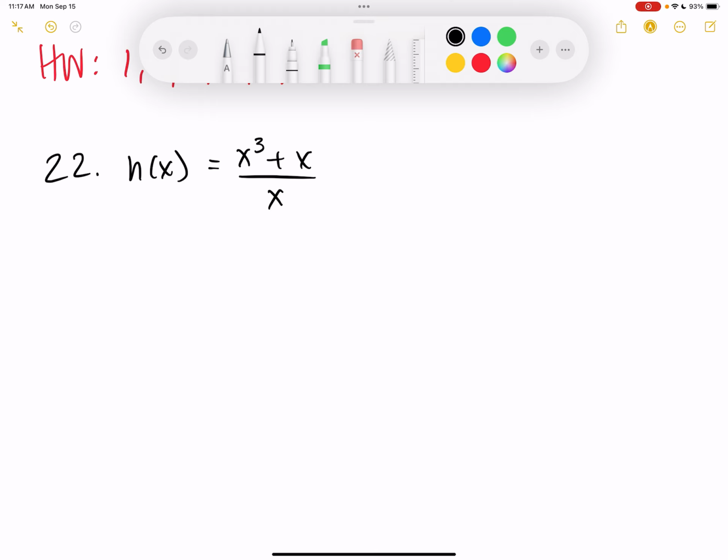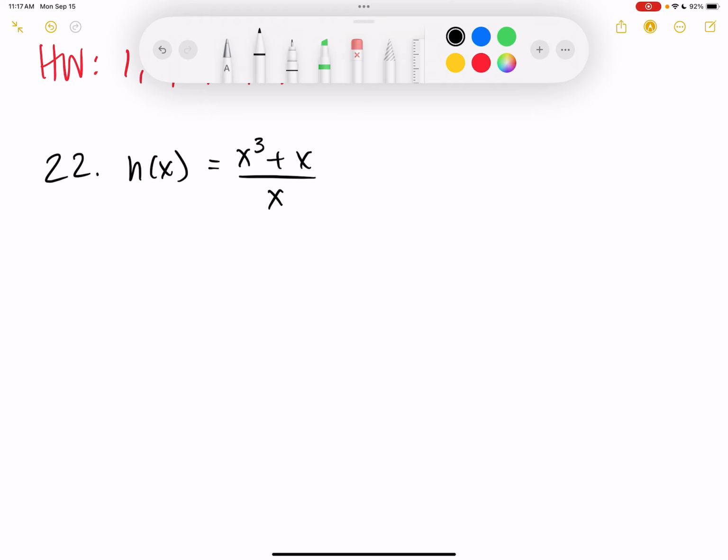But does our graph being a parabola make sense? Yes, because I could factor out an x from the top and I would be left with x squared plus 1. So the graph itself makes sense, but I have to look and see if there's a denominator value that makes it undefined, which in this case would be 0.